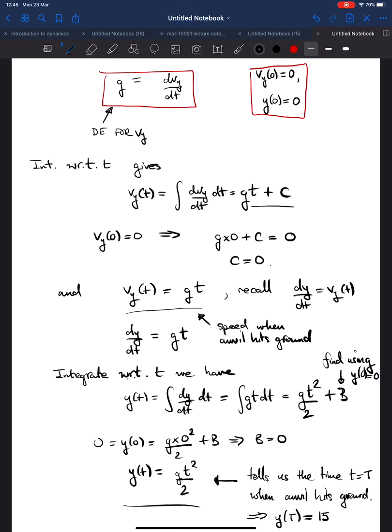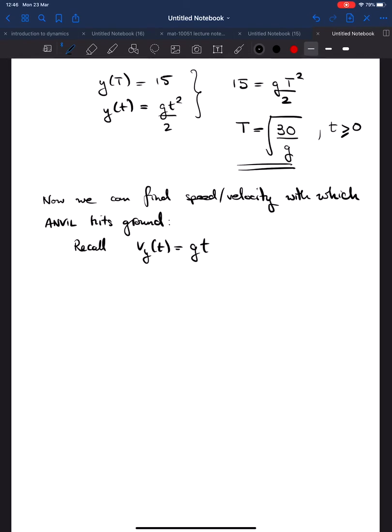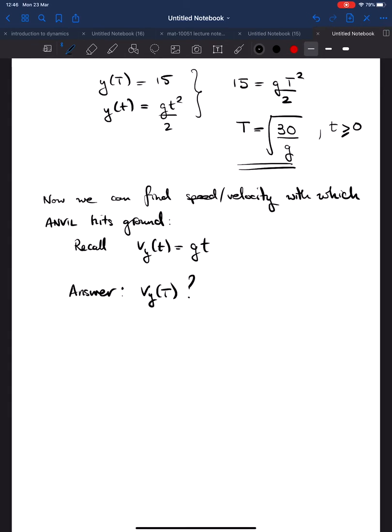Let's just check back, gt. So with this now, the answer is Vy of capital T. So we just need to compute this. And this gives us Vy of capital T is g times the square root of 30 over g. Remember that this is our capital T. So now we have the square root of 30g is our speed when the object hits the ground.